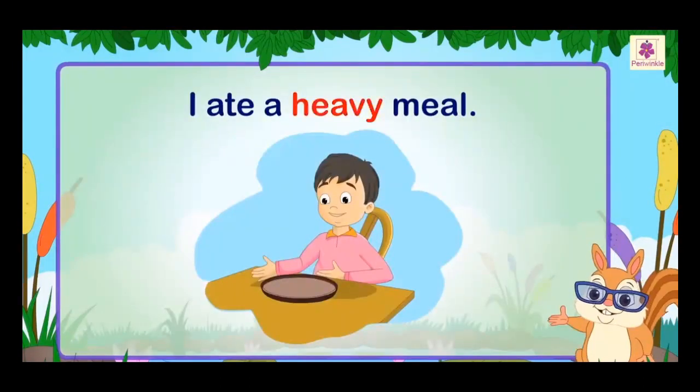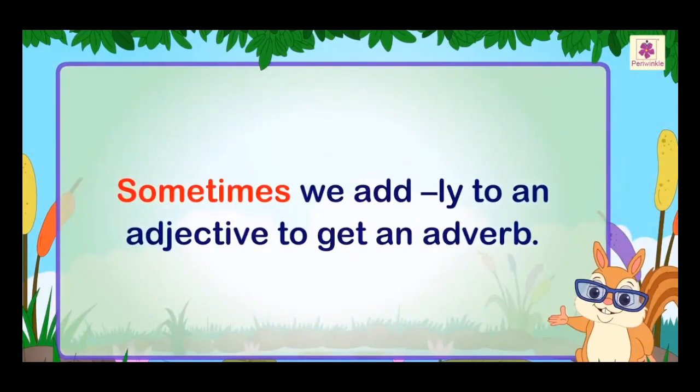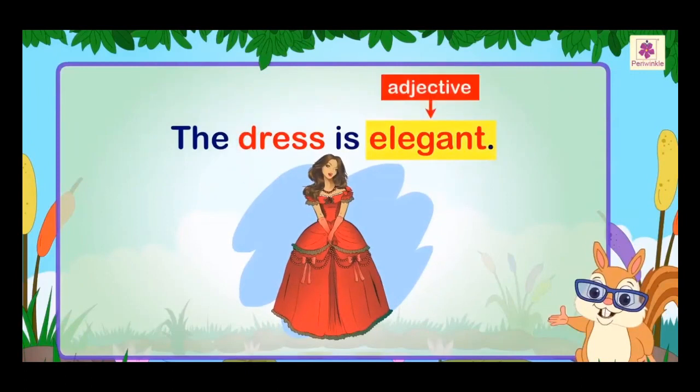I ate a heavy meal. The word heavy here is not talking about the word ate, it's talking about the noun meal. Remember, this means that it's an adjective. Sometimes we use the adjectives and we add ly to them to turn them from being adjectives into being adverbs. Like in this example, the dress is elegant.